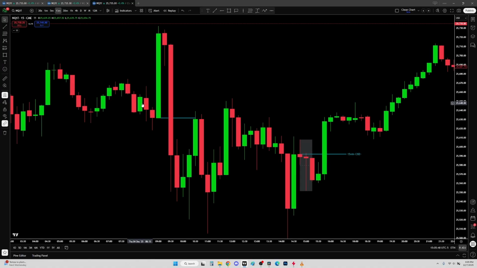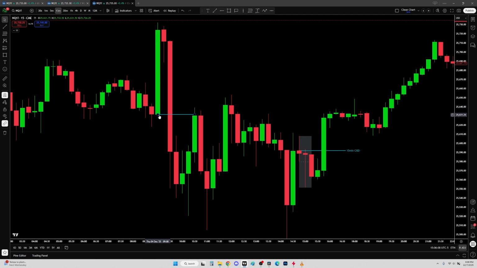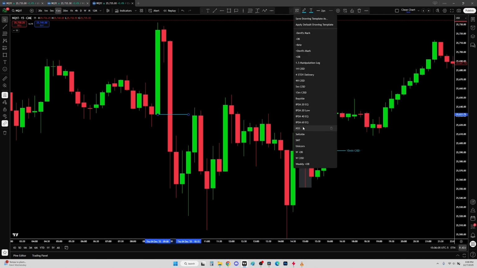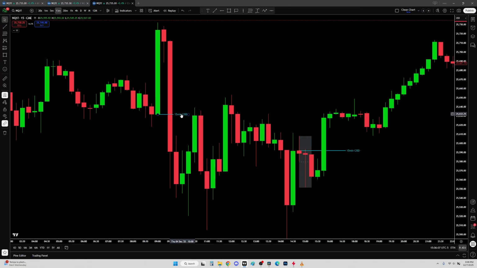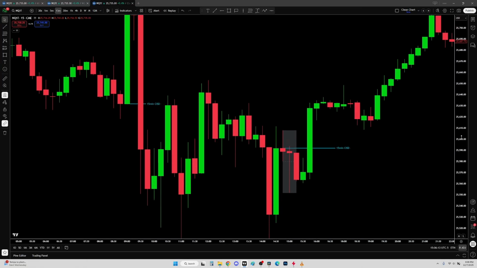So in this case, we have 2 red candles going down, we have a green candle going up, and then we have 3 candles going down with the second candle closing below the low of this candle's body. So this is another 15-minute change in state of delivery. However, this is a bearish version. That is all you need to know as far as a change in state of delivery.